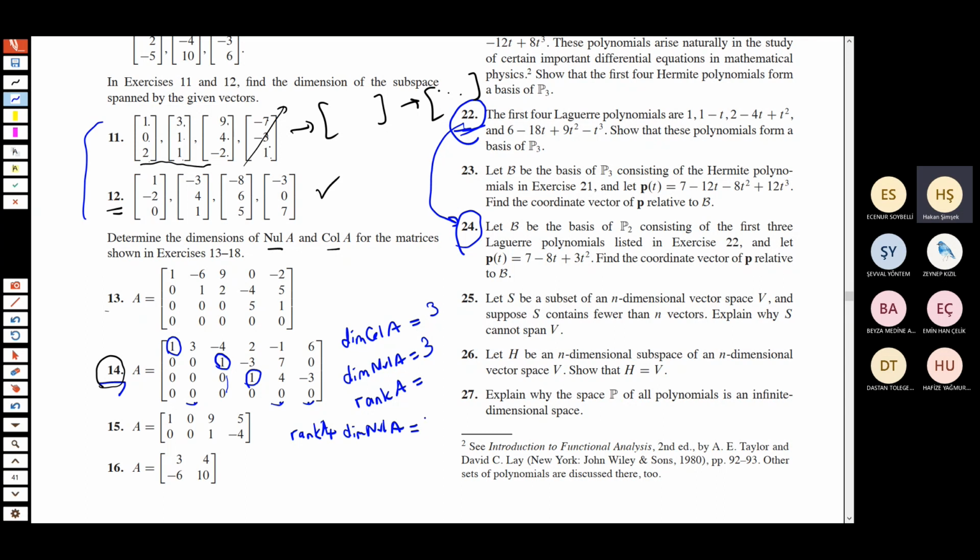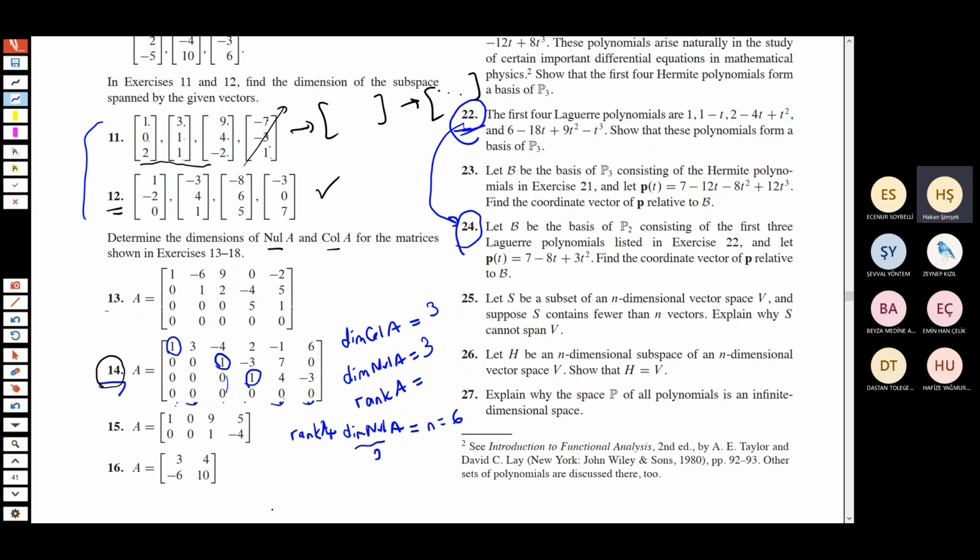What was this number? Columns. How many columns? N. What is N for this matrix? 6. 1, 2, 3, 4, 5. Yes, 6.